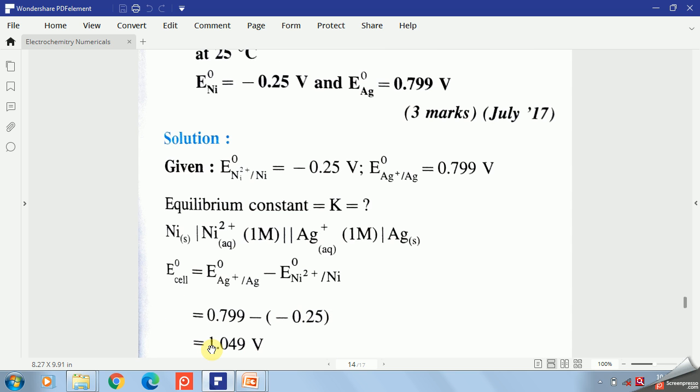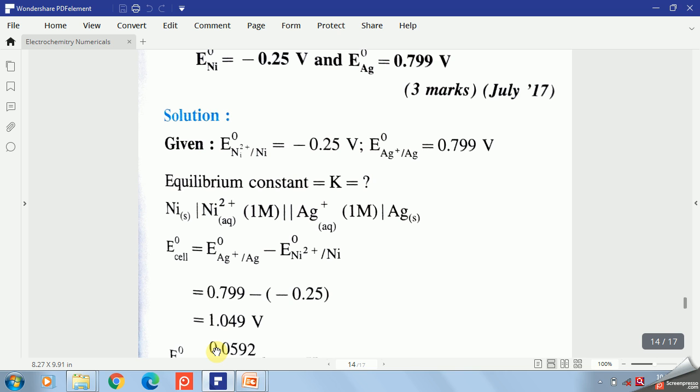Remember this, E0 of the cell is always positive. Then your solution is correct, because that cell can produce electricity and the reaction is spontaneous. If this E0 cell is negative, then the solution is wrong, so check your cathode and anode and find the correct answer.